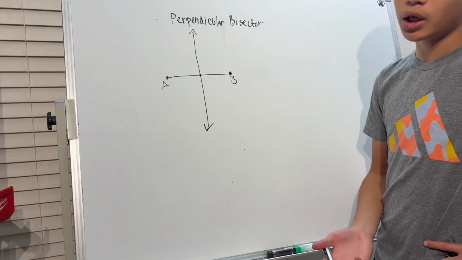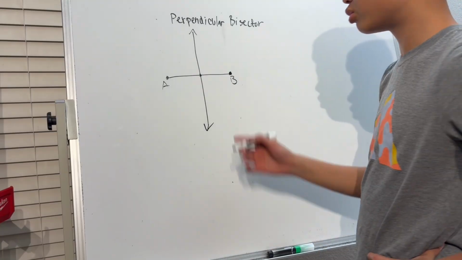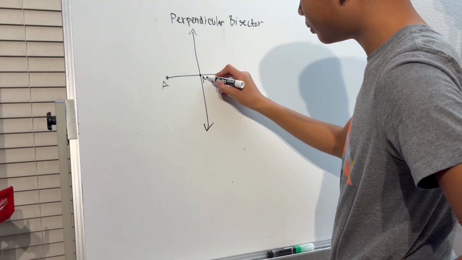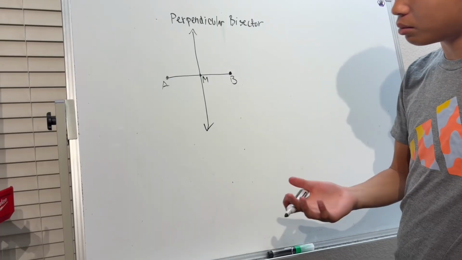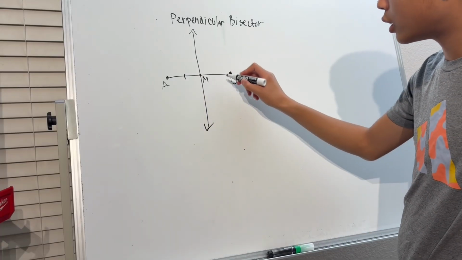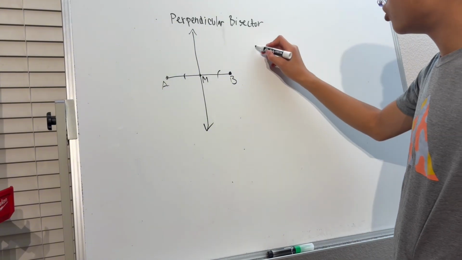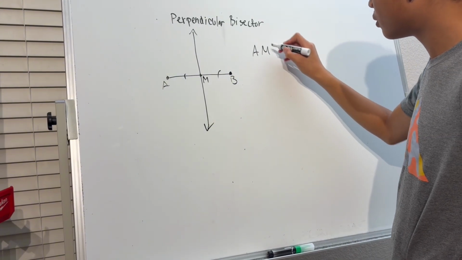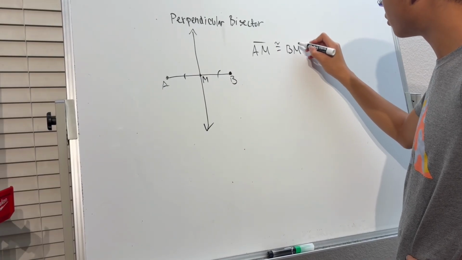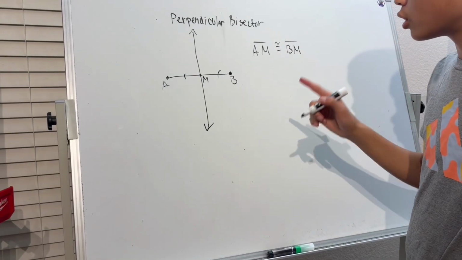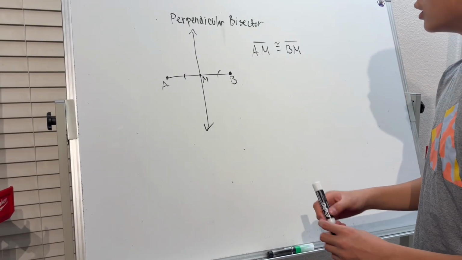Yes, you got it. It is the midpoint. Let's just say M. Because that's the midpoint, it splits the segment into two congruent parts. So you know that AM is congruent to BM.